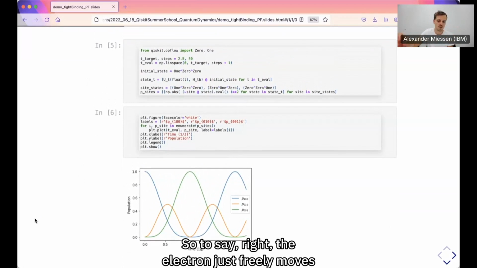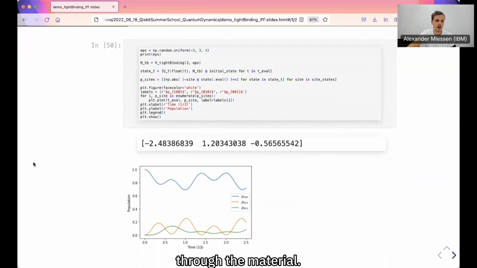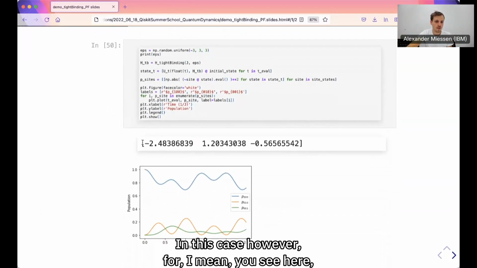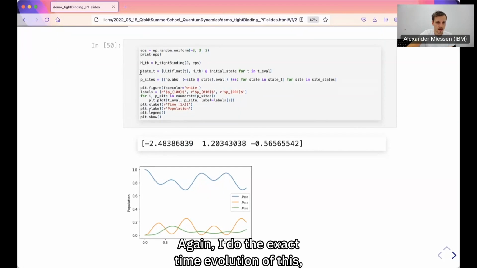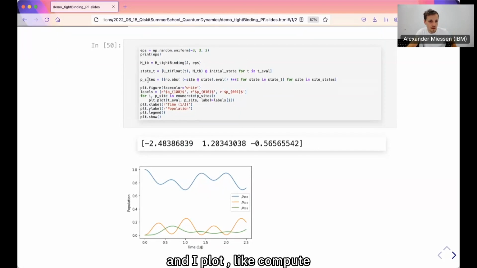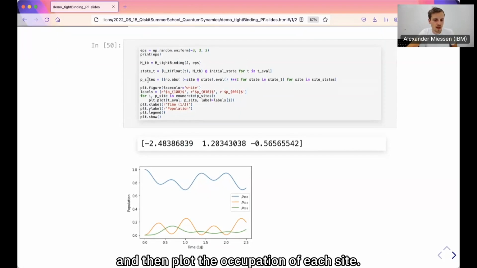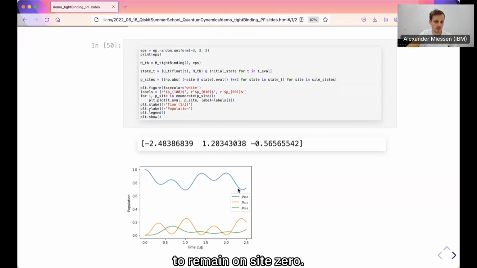The electron just freely moves through the material. In this case, however, I randomly choose epsilon and I get these values, okay? Again, I do the exact time evolution of this and compute and then plot the occupation of each site. You see suddenly the electron prefers to remain on site 0.